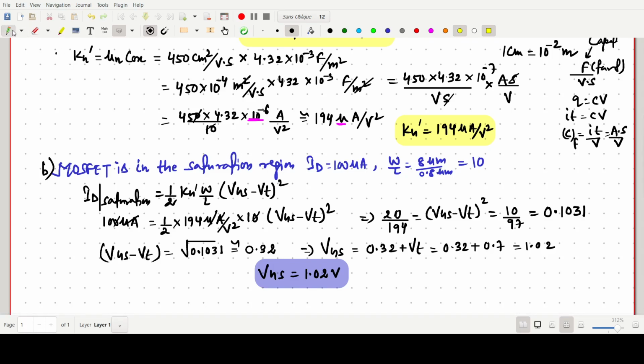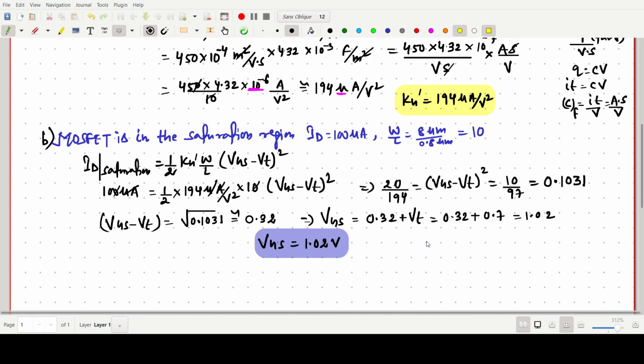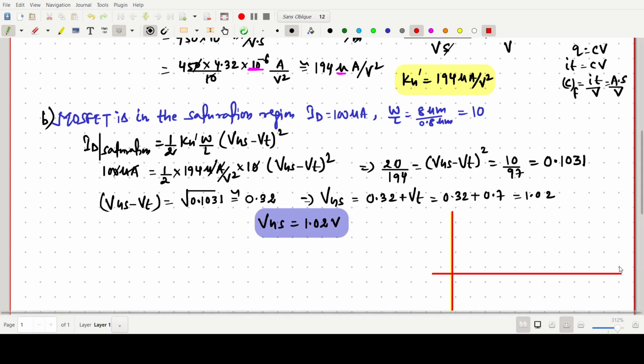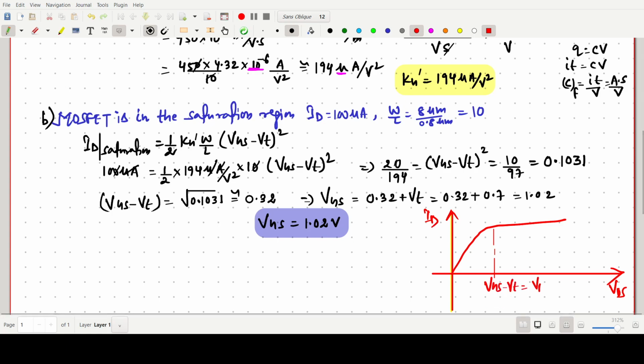Now the device is in the saturation, so we have to find the minimum VDS. I am just plotting the graph. So VGS minus VT will be the minimum VDS. After that the device is in the saturation region.